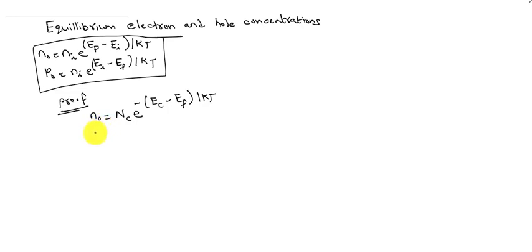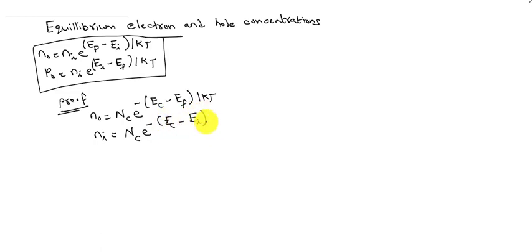For an intrinsic material, this n0 can be replaced by ni. For an intrinsic material, the electron concentration will always be equal to the hole concentration, which is equal to the intrinsic carrier concentration. That we have already discussed. So n0 can be replaced by ni, and Ef can be replaced by Ei. So ni is equal to Nc into e raised to minus of (Ec minus Ei) by kT.